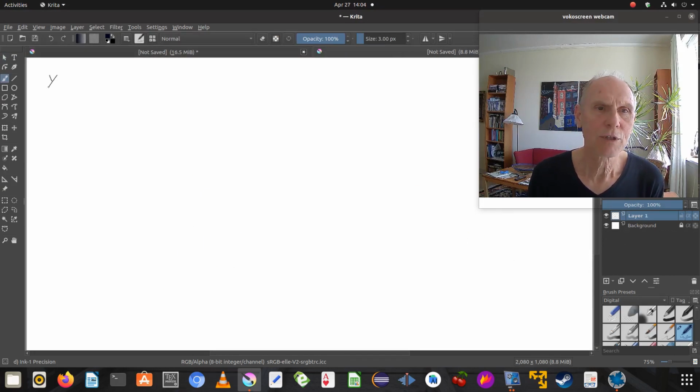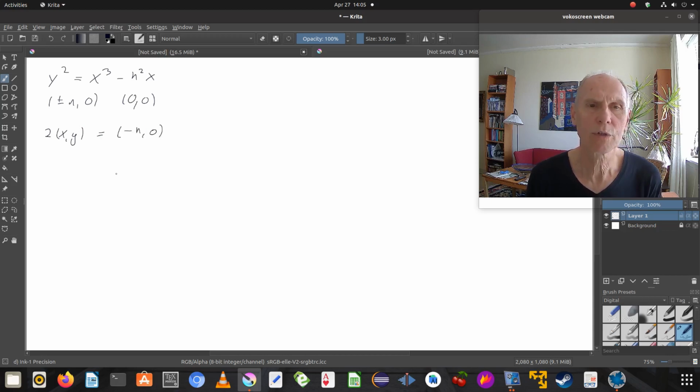So I started with a curve. N does not need to be 1 here. And then we have the points of order exactly 2. And the point of order 4, twice that point needs to be one of those. So let's assume that 2 times (x,y) equals (-n, 0).